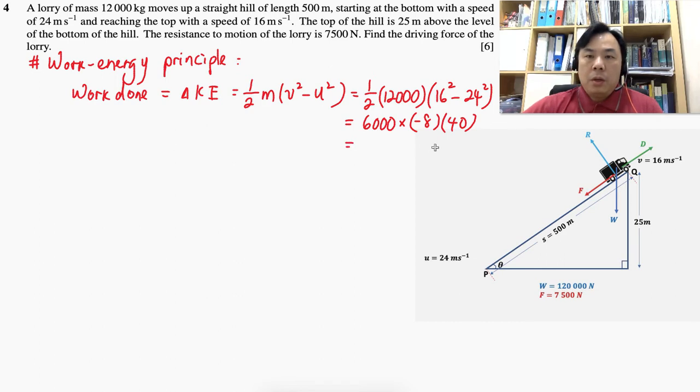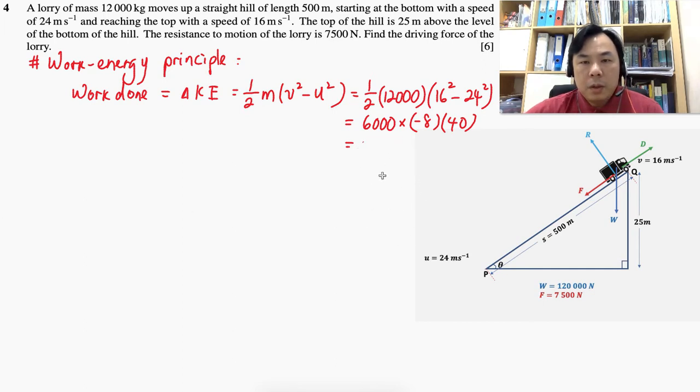Okay, generally we will get, let me see, this is 32, so 32, that will be 192, sorry. So that will be a 192.